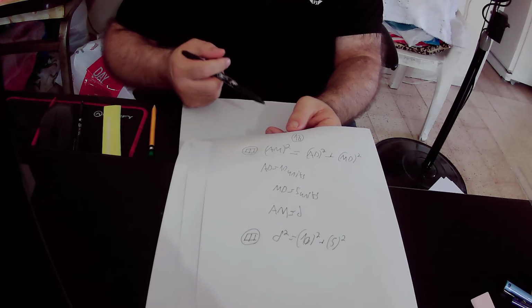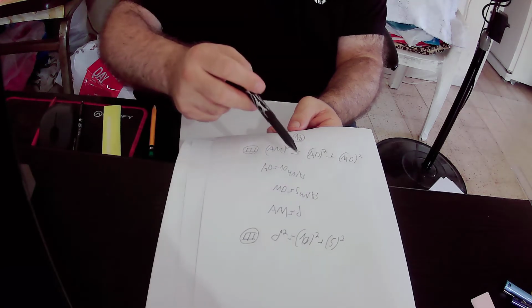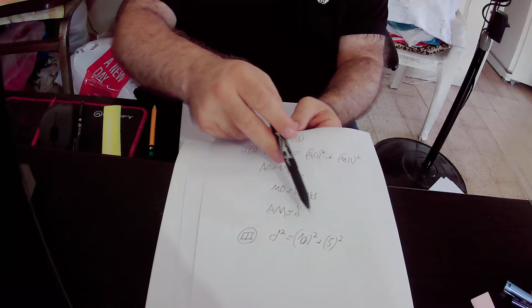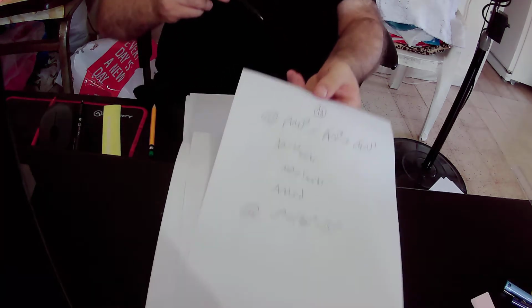We got that D square equals 10 square plus 5 square. 10 square is 100, 5 square is 25, 100 plus 25 equals 125, so I will write it down.